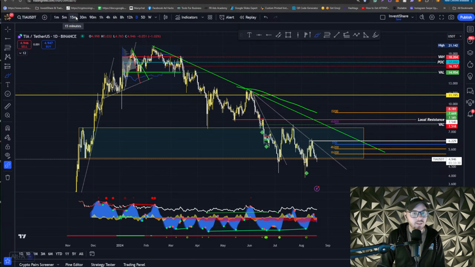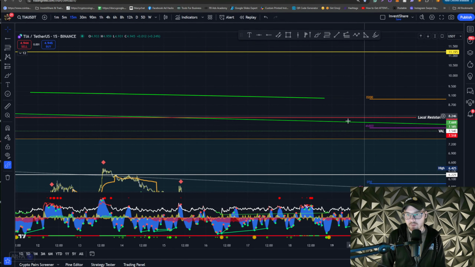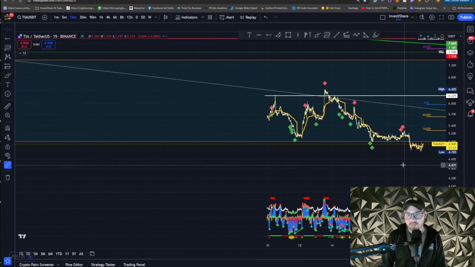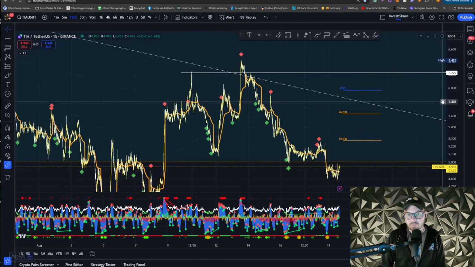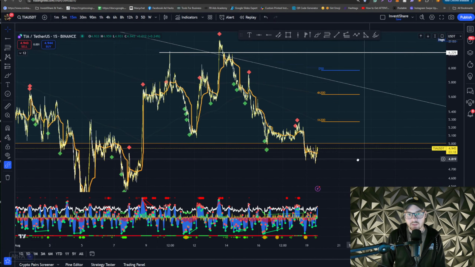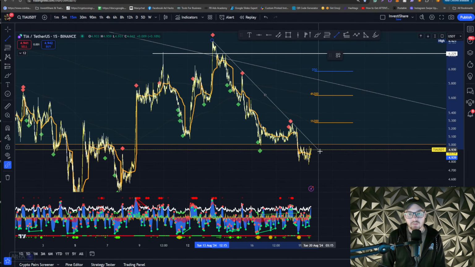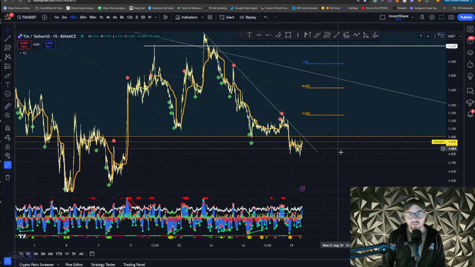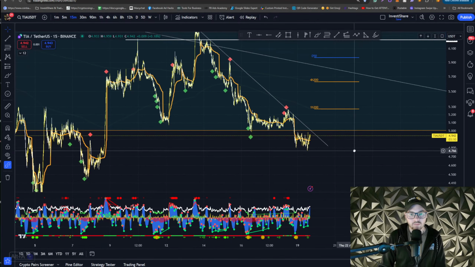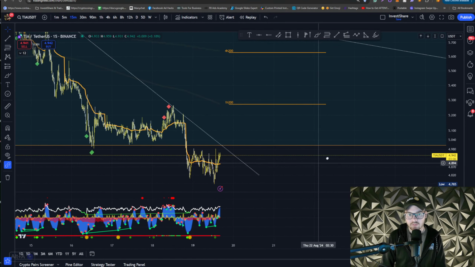Let's go to the lower time frames and see what it's doing. What kind of behavior we got. Yeah, we got pretty steep momentum here. We get acceptance back inside the zone.